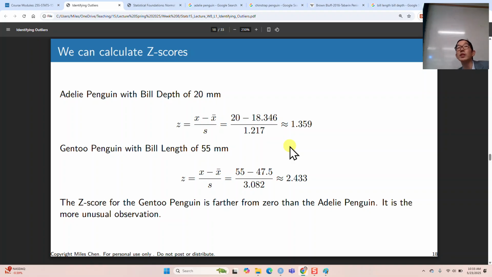That's how you can compare which of these things is more unusual. Again, what would you say is more unusual to see: a 10-year-old in a second grade classroom or a 24-year-old in a college classroom? I think we would say the 10-year-old in the second grade classroom, even though the 10-year-old is maybe only 2 years above average, because the standard deviation of ages in the second grade classroom is very small. So 10 years is quite a significant departure.